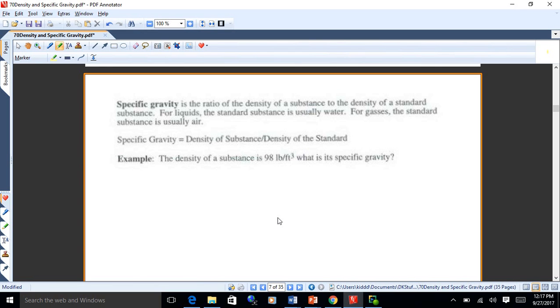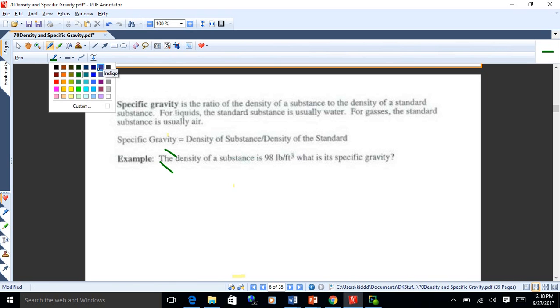It gives you an idea whether a substance is more or less dense than a standard. So if we've got a substance with a density of 98 pounds per cubic foot, let's see what that means. We just divide them out. You compare your substance to the standard.